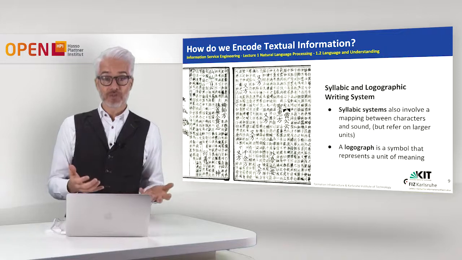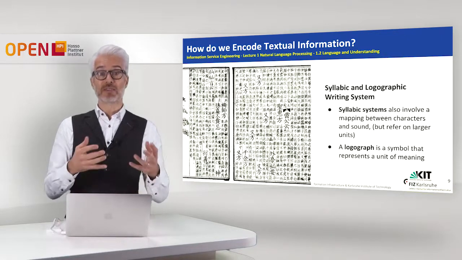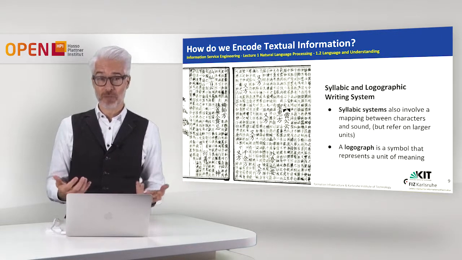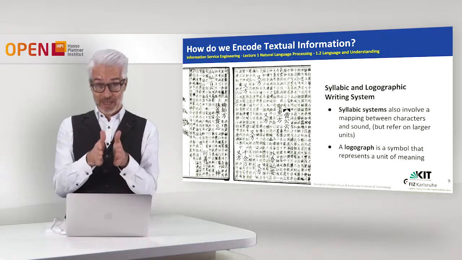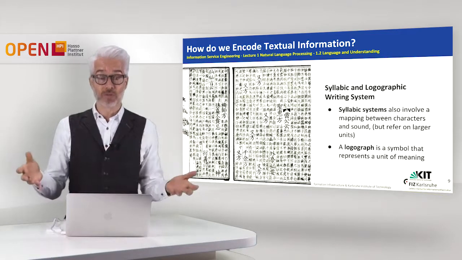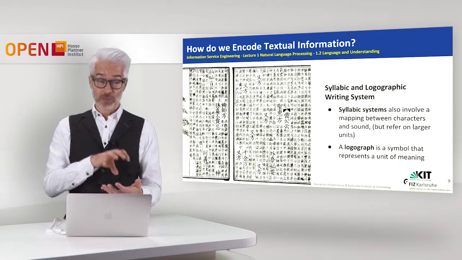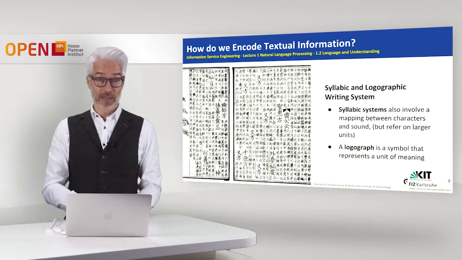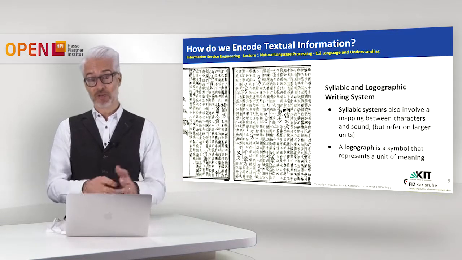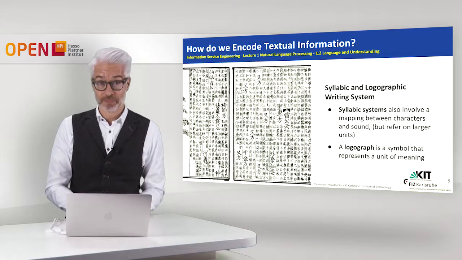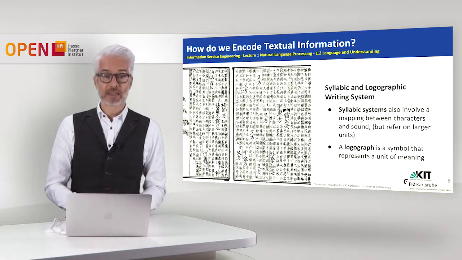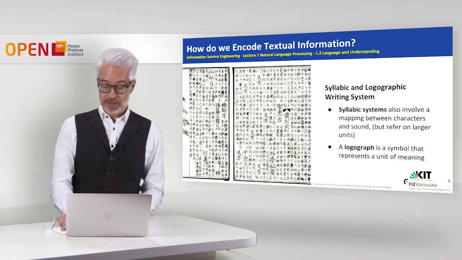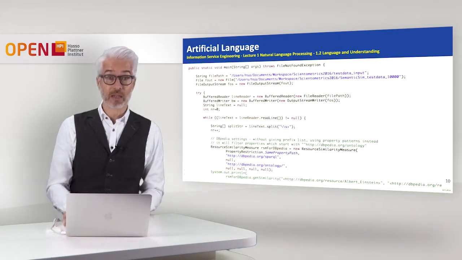And a logograph, usually that's a symbol which represents an entire unit of meaning. So not only one single character, but an entire word, for example, or even more, all put into a logograph, which is something like a fancy picture of the action it encodes. So these are kind of writing systems and encoding systems for natural language.